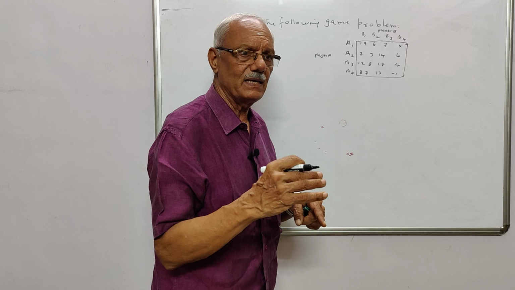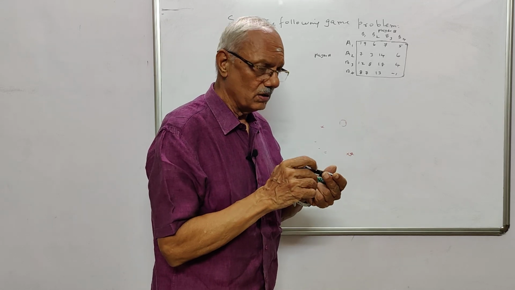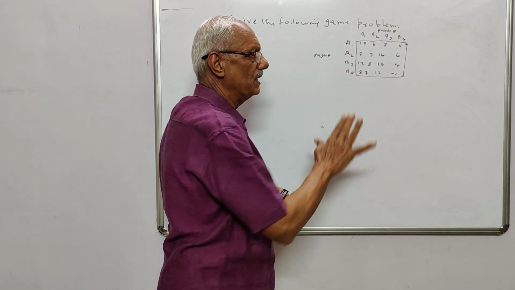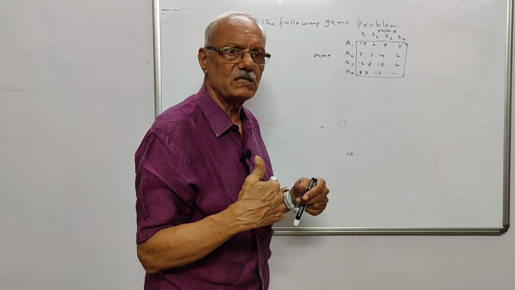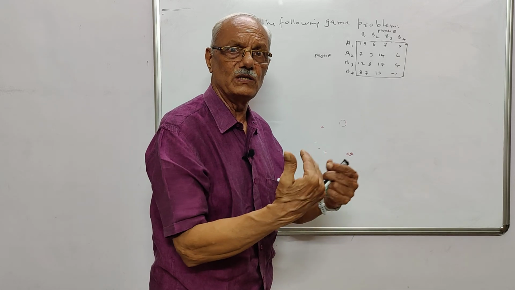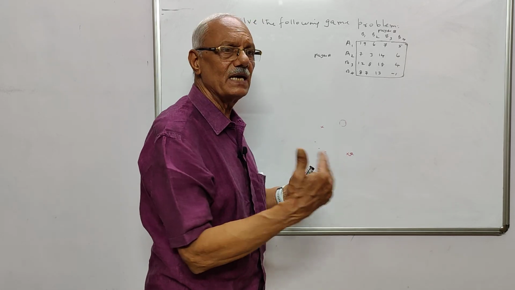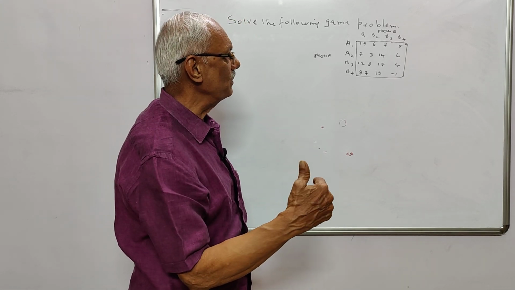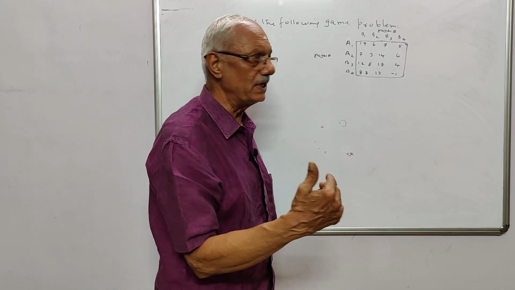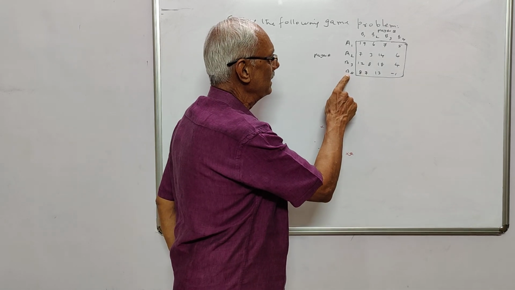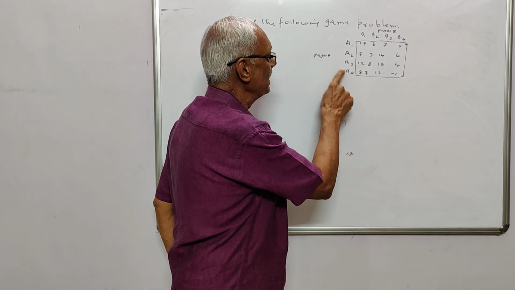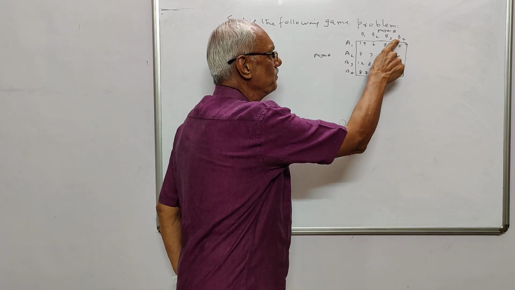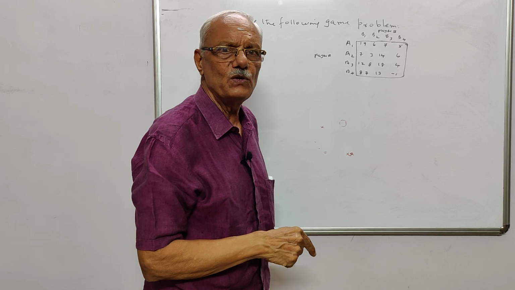Understand that when we do a game theory problem, normally player A is ourselves and we always go for a win, and B is a defender. Another point I want to bring to your light is that if you come to A4, A uses his strategy A4 against B4, you can find a -1.